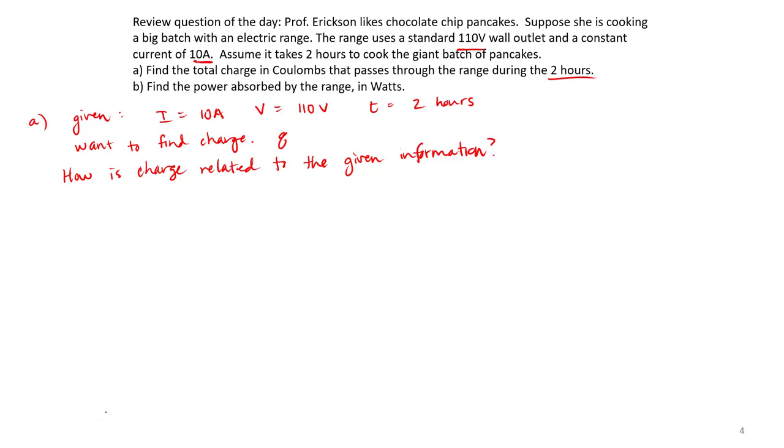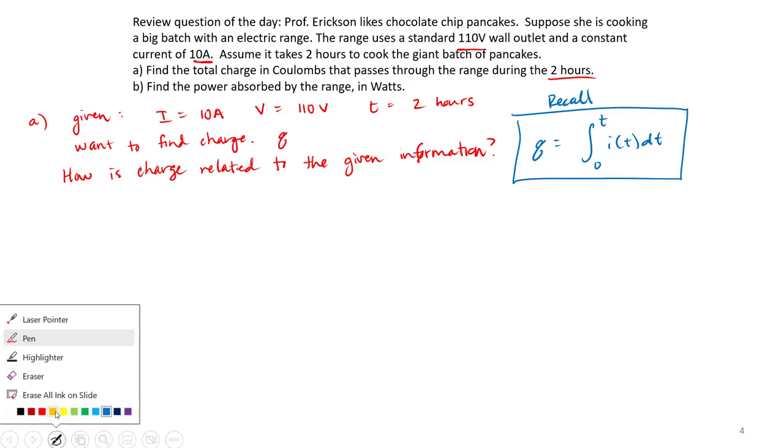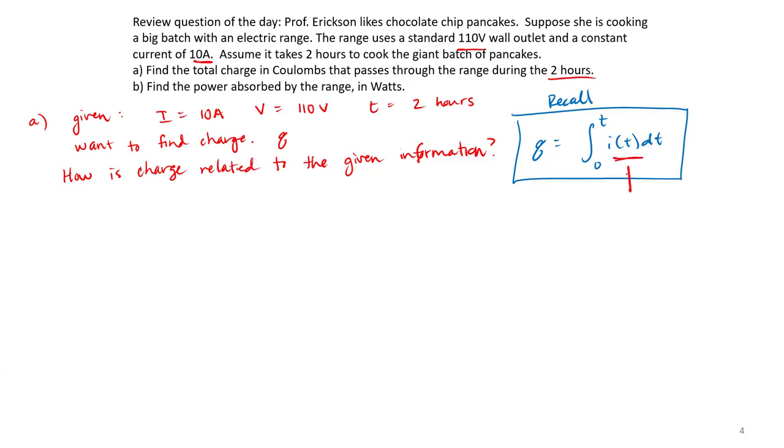The big thing to remember is that from last class, we learned that our charge Q is the time integral of current. Notice we know that this is just 10 amps. And what was our time? Our time was 2 hours.